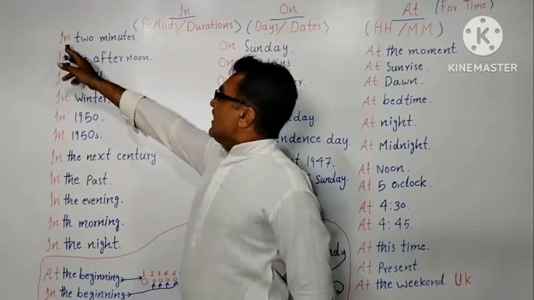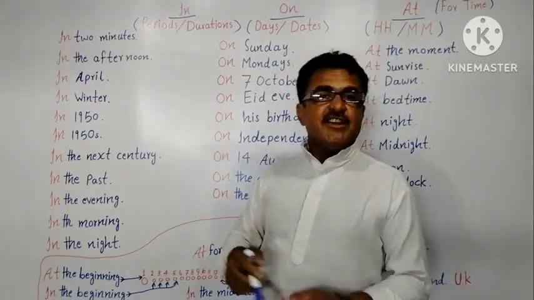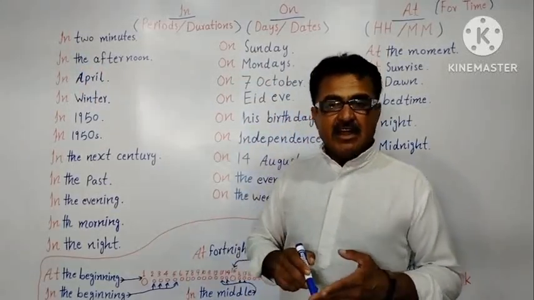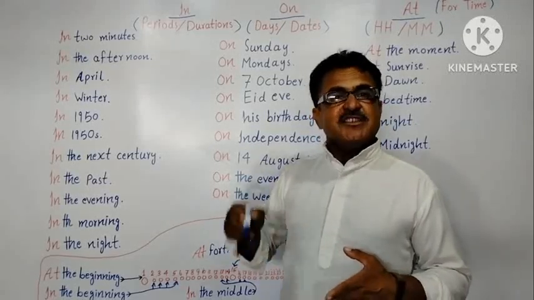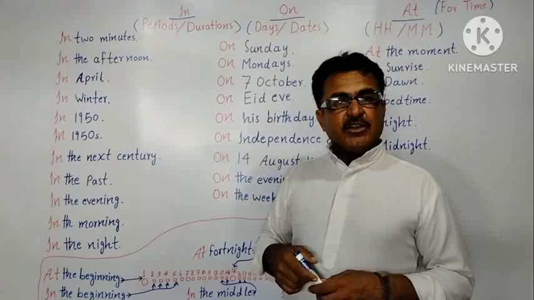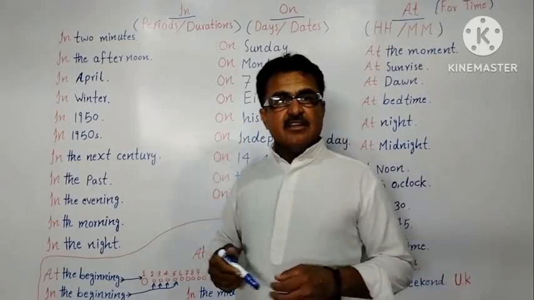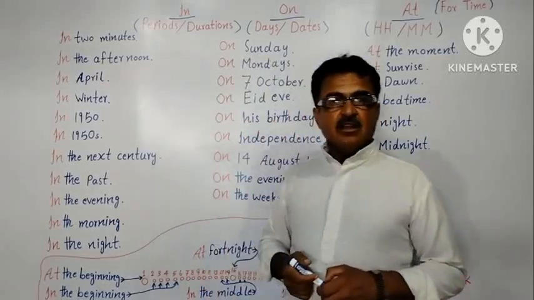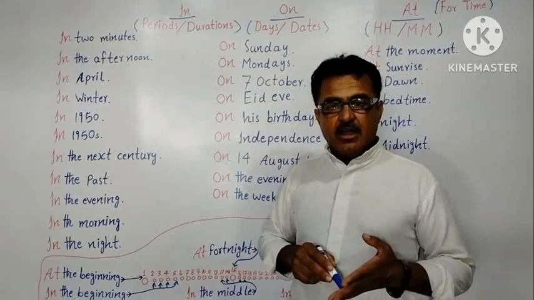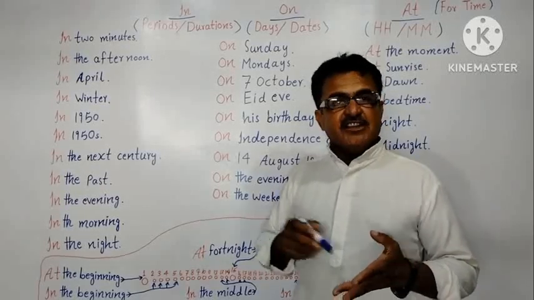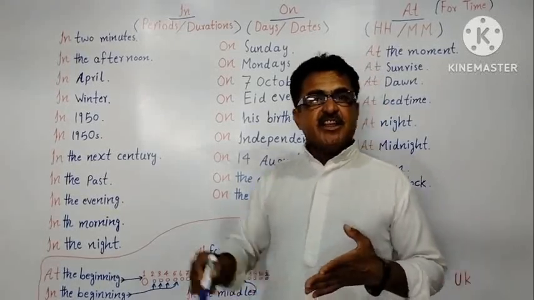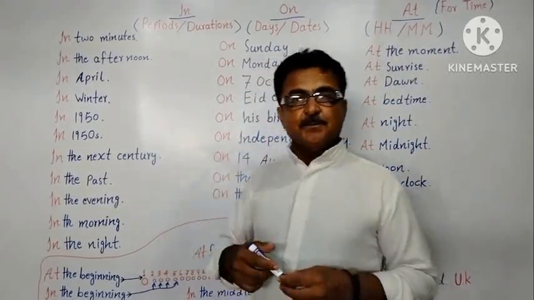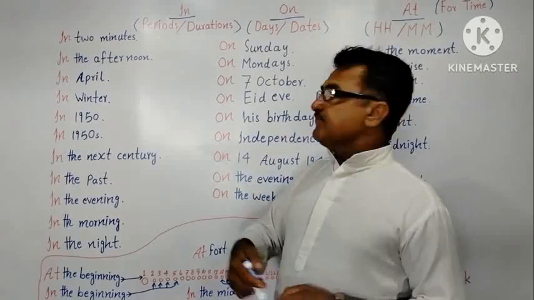In 2 minutes, in 2 hours, in 2 days, in 2 weeks, in 2 months, in 2 years, etc. Not only 2: in 5 hours, in 5 days, in 6 days, in 6 months, in 8 months, in 8 years, in 8 minutes, in 2 minutes. So you can say randomly.